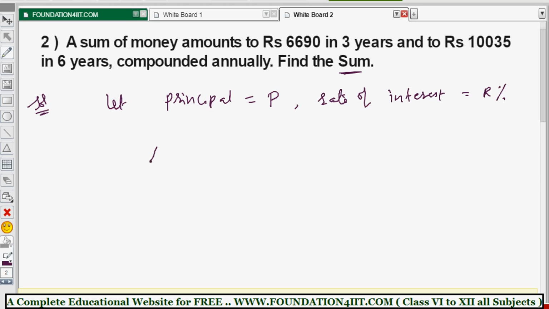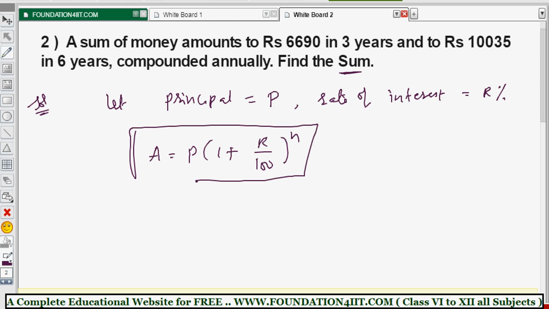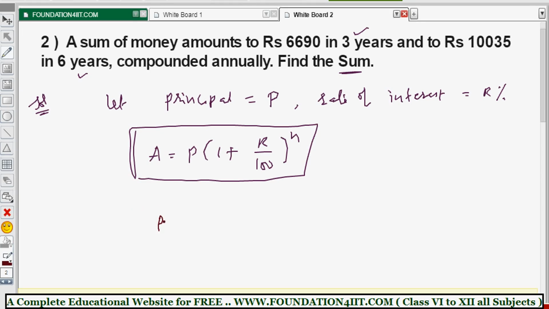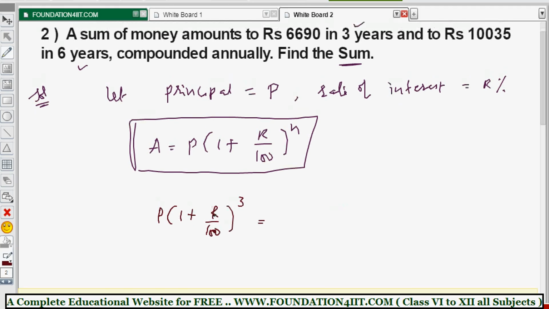We know amount is equal to P into (1 plus R by 100) all to the power N, right? This is the amount formula. You can take it two times: for 3 years once and for 6 years once. First, for 3 years: P into (1 plus R by 100), where P is not given and R is also not known, all to the power 3, because for 3 years the amount becomes 6690.